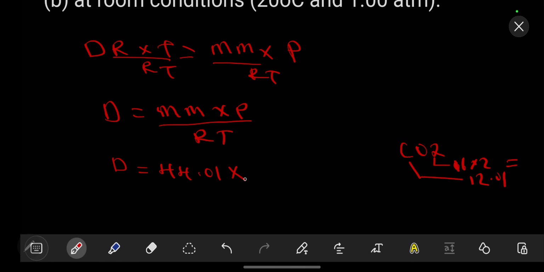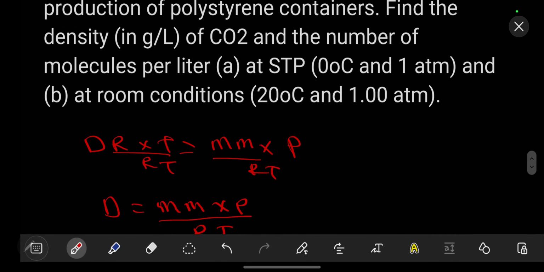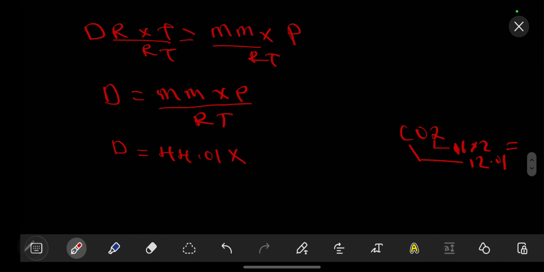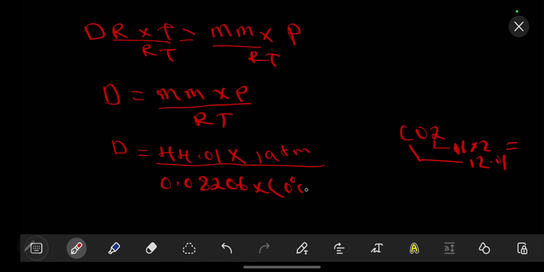So the density will be equal to 44.01 times our pressure. Our pressure is 1 atmosphere, according to the first condition. Then over our R value, 0.08206, times our temperature, which is 0 degrees Celsius plus 273, the same as writing 273.15.